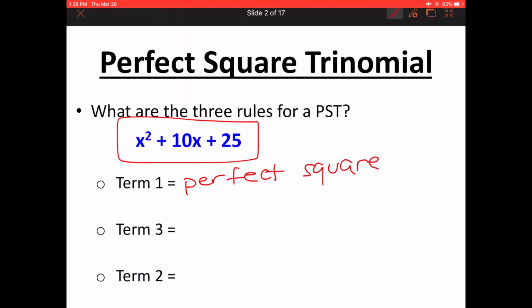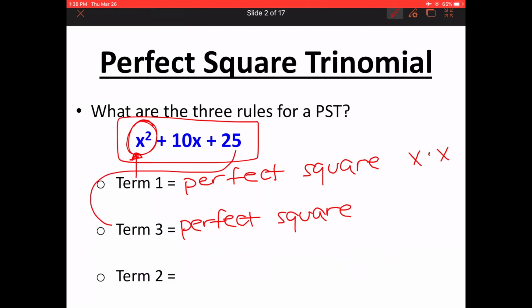In our example, x squared is term 1, and it is a perfect square because x times x makes a perfect square. Term 3 also has to be a perfect square. In our example, term 3 is 25, and 25 is a perfect square because we can achieve 25 by doing 5 times 5.